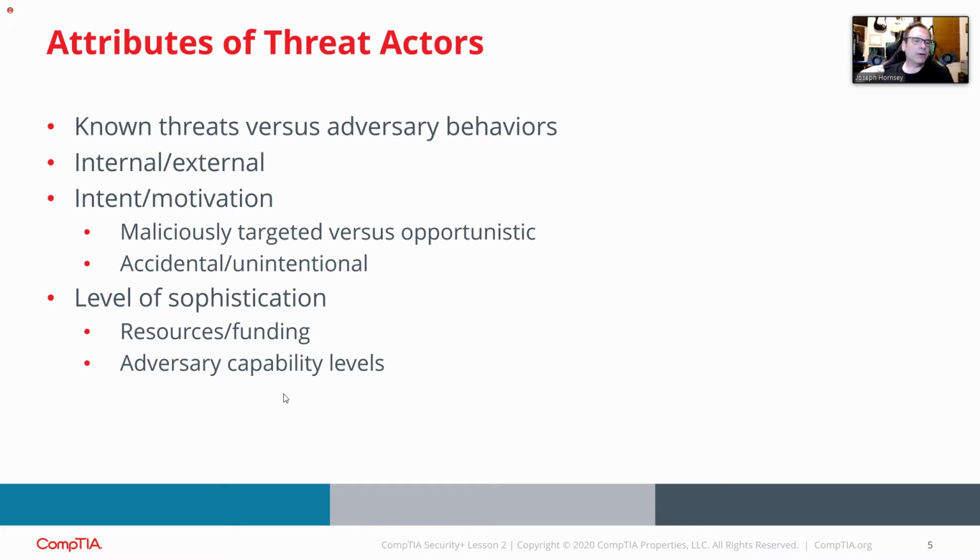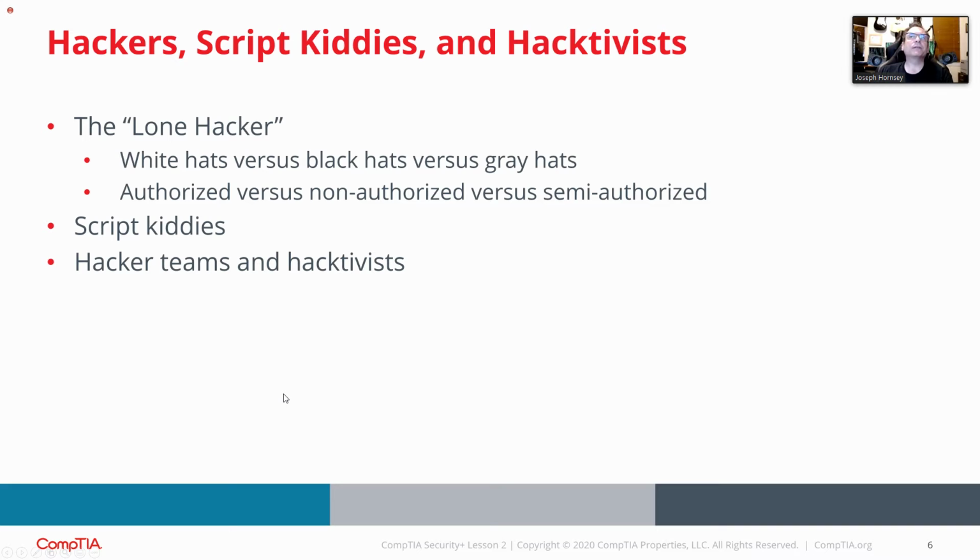Again, we're dealing with people in some cases that have almost unlimited funding and resources. They have the backing of governments, that sort of thing. And so the capability level has gone way up. We see this not only coming from governments, but also criminal syndicates, or organized crime. So the landscape has changed a lot, and the threats are a lot more sophisticated than they used to be.